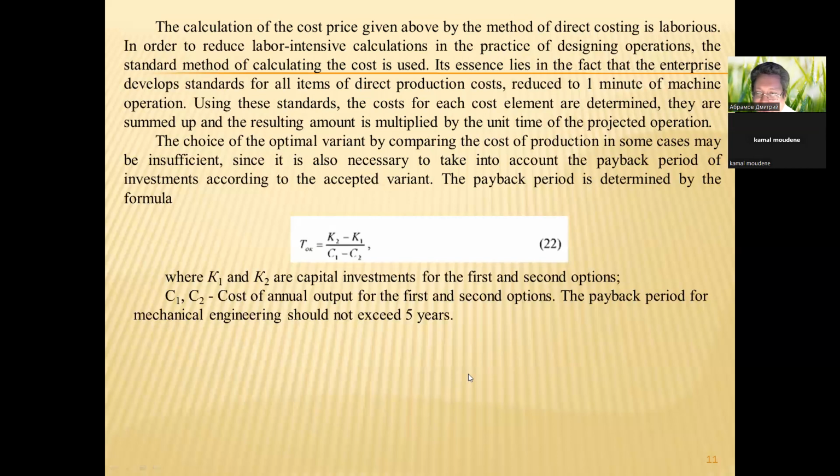The payback period is determined by formula 22, where K suffix 1 and K suffix 2 are capital investments for the first and second options. C suffix 1 and C suffix 2 are costs of annual output for the first and second options. The payback period for mechanical engineering should not exceed 5 years.